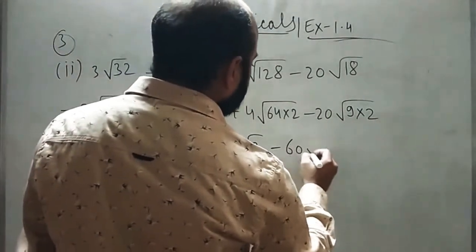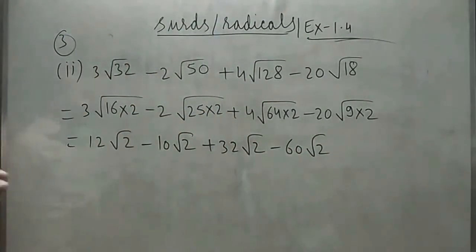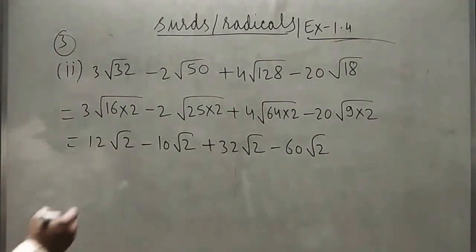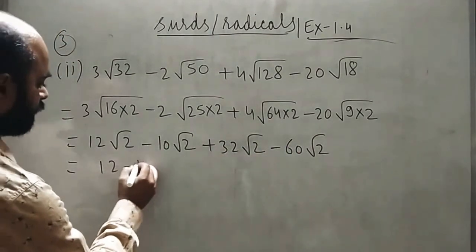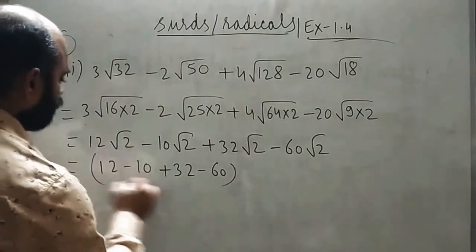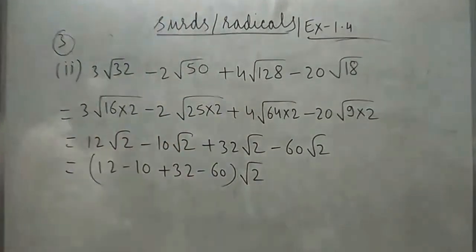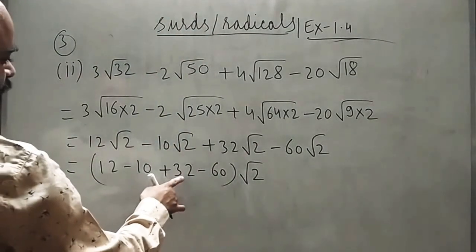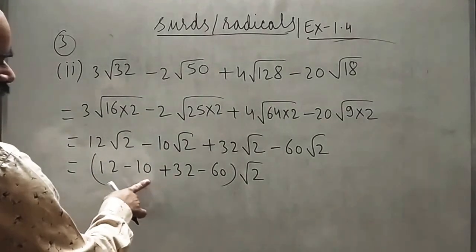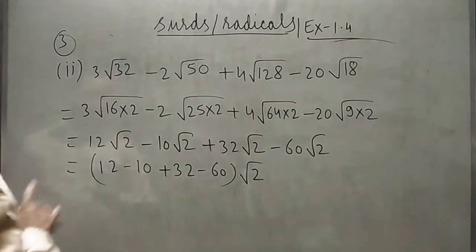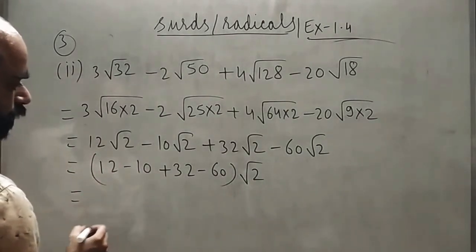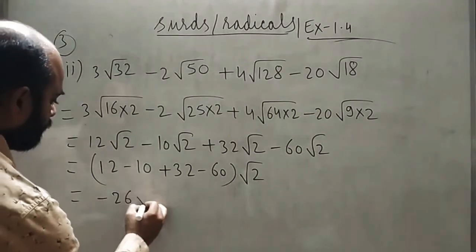So 60 root 2. So everywhere, what is the irrational part? Radical. Root 2, root 2, root 2. So we can take root 2 common. What is left? 12 minus 10 plus 32 minus 60. The positive terms, 32 plus 12, 44, and 10 plus 60, 70. So 44 minus 70 gives minus 26 root 2.